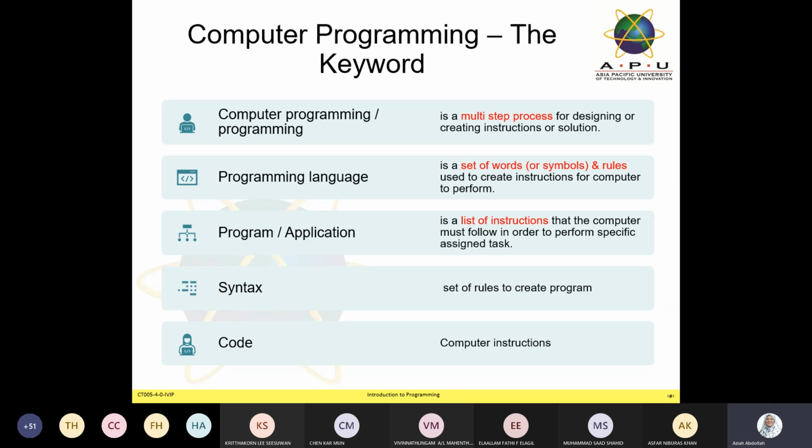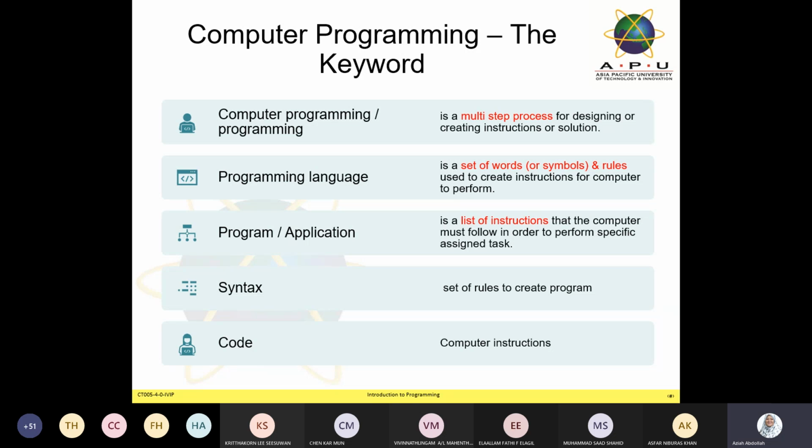Okay. When we say computer programming, okay, so we have the different keyword. So, computer programming or programming is a multi-step process for designing or creating instruction or solution, while the programming language is a set of words, including symbol and rules, used to create the instruction for computer to perform.